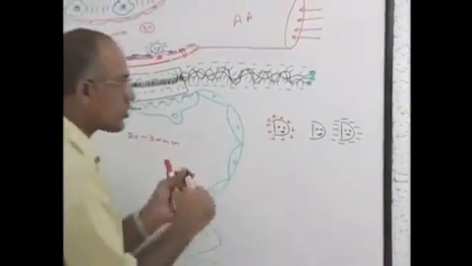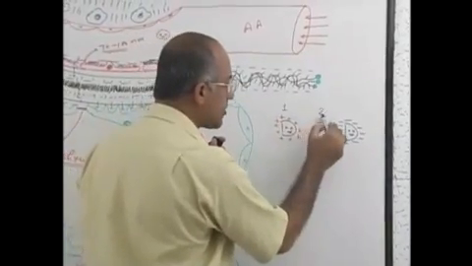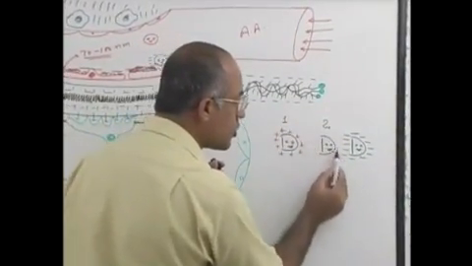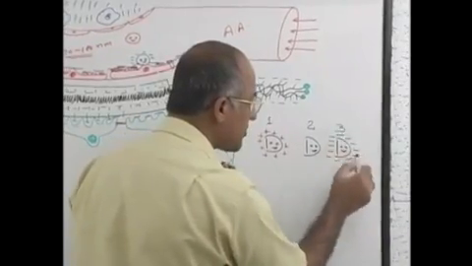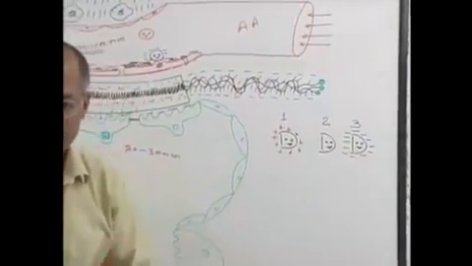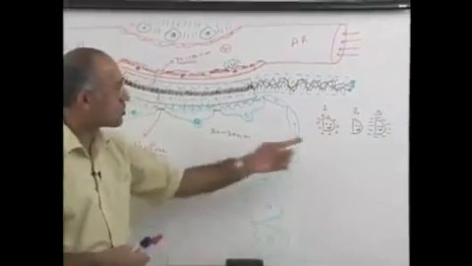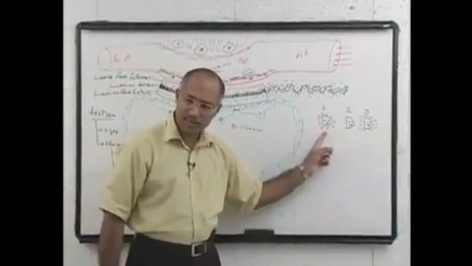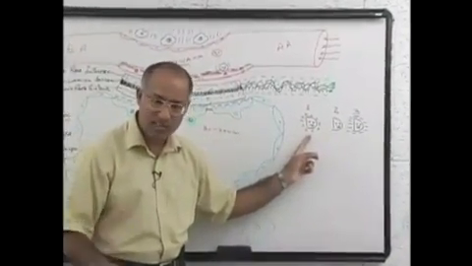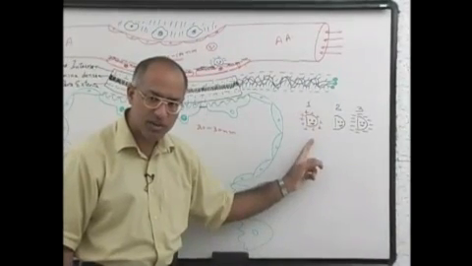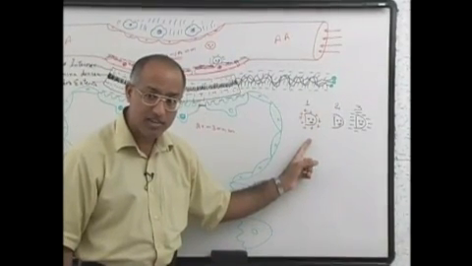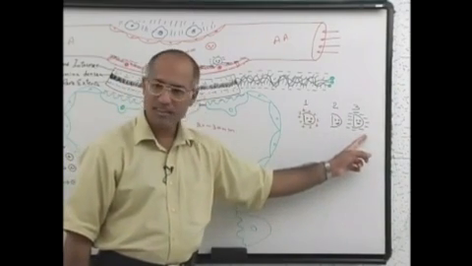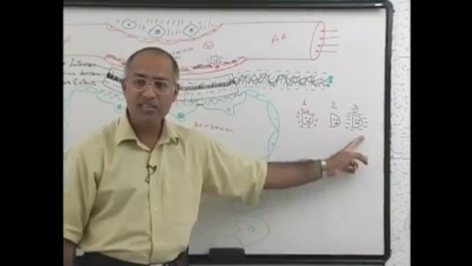This is cationic dextran, this is neutral dextran, and this is anionic dextran. What do you think? Out of these, which will filter best? Excellent, you have given the right answer. The best filtration will be seen for cationic dextrans. And which will be the worst filtered? Anionic.